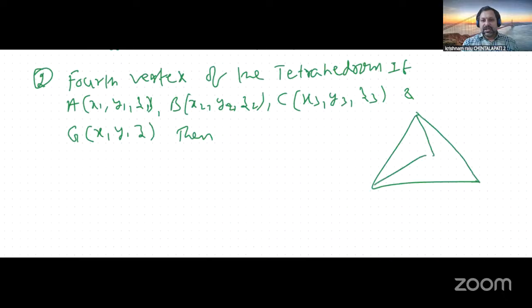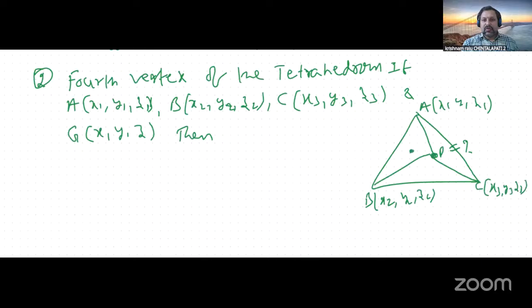A is treated as x1, y1, z1. B as x2, y2, z2. C as x3, y3, z3. And the centroid of the tetrahedron as x, y, z.